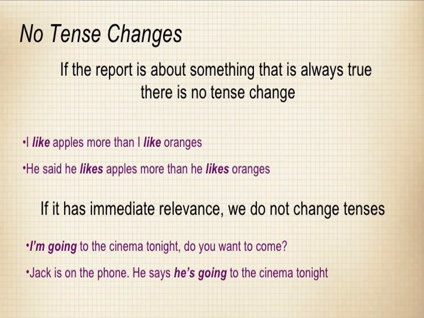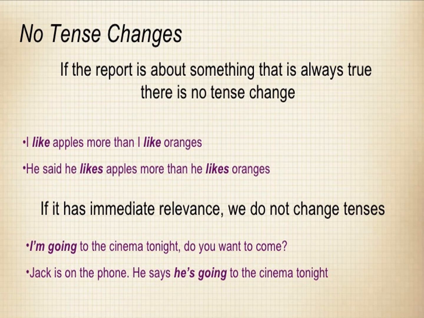In some cases, we do not change the verb tenses between brackets, in three cases. Number one, if the report is about something that is always true, there is no tense change. For example, "I like apples more than I like oranges." He said that he likes apples more than he likes oranges. Number two, if it is a fact, as if the teacher said, "The earth is round," we report it as the teacher said that the earth is round.